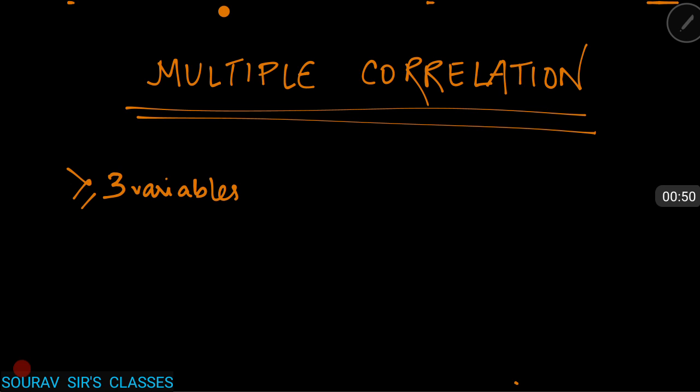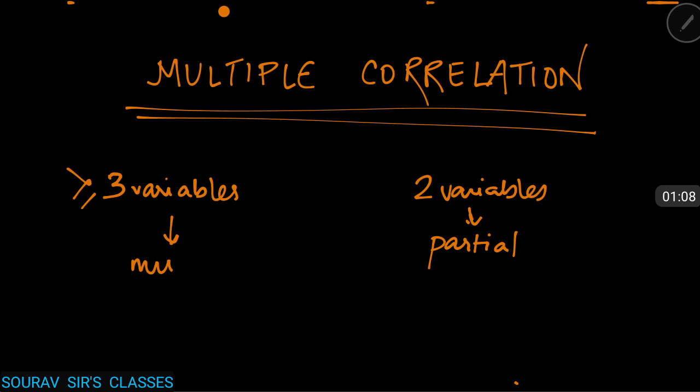Whereas in the case of partial correlation, we study the relationship of two variables by making the other factors constant. In multiple correlation, the effect of all the independent factors on a dependent factor is studied.